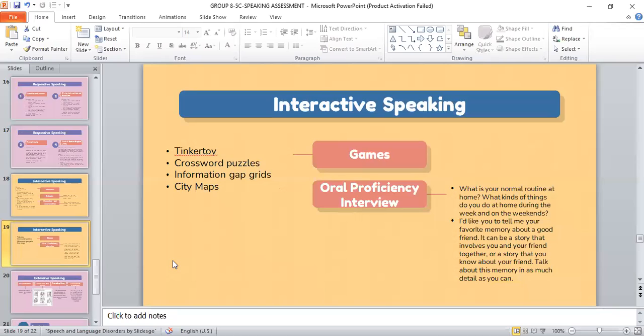Information gap grids are created such that class members must conduct mini interviews of other classmates to fill in boxes. And the last, city maps. City maps are distributed to class members. Predetermined map directions are given to one student who, with a city map in front of him or her, describes the route to a partner who must then trace the route and get to the correct final destination.